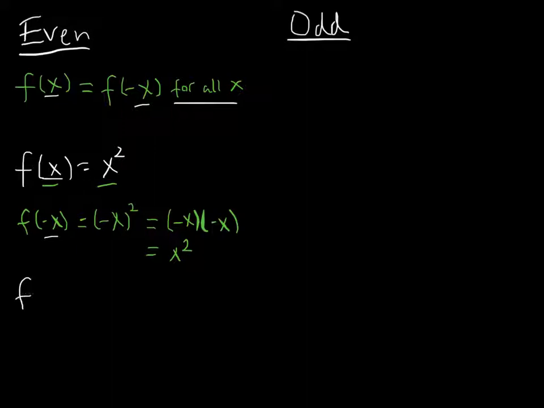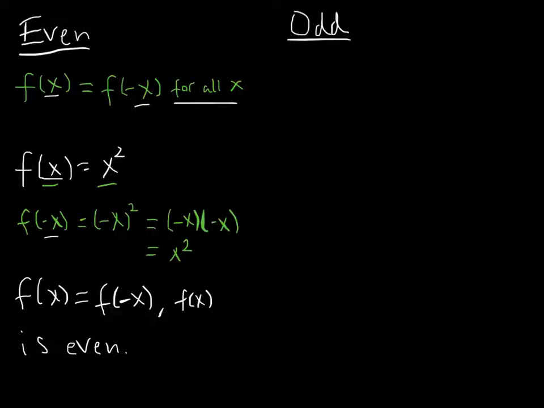So we can say, since f of x is equal to f of negative x, that means that f of x is even by definition, because that's what it means for something to be an even function.